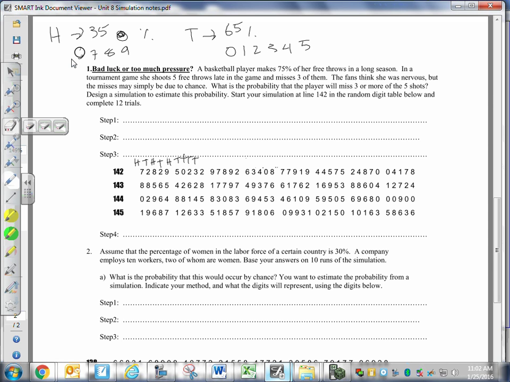What could I do with my table of random numbers to represent a 65% chance? Tougher, right? I can't do 0, 1, 2, 3, 4, 5, and 5.5. That doesn't work.